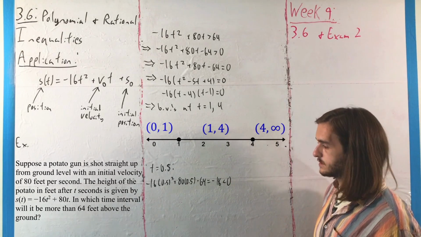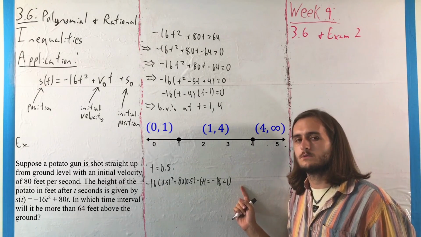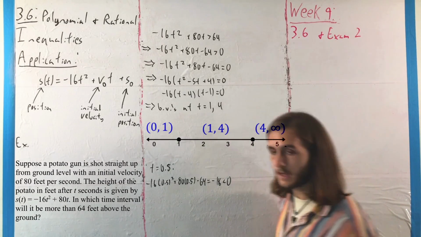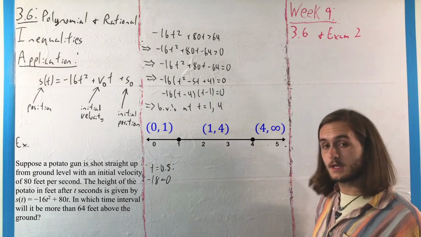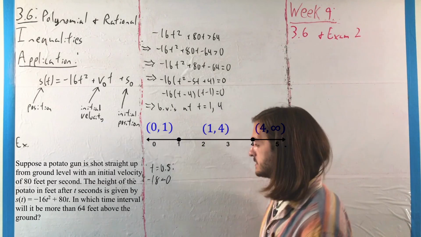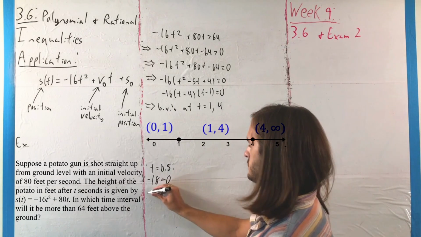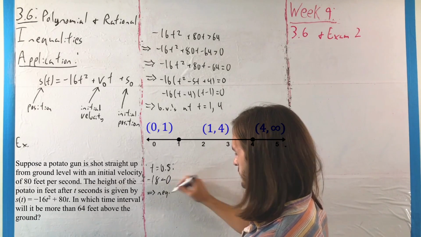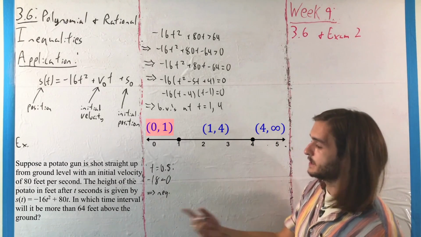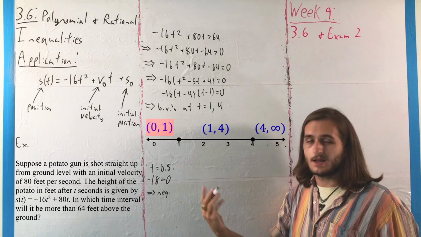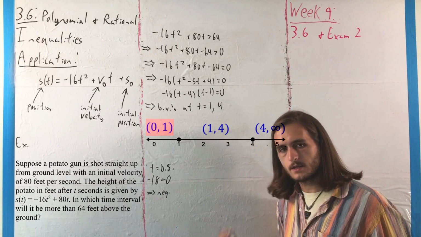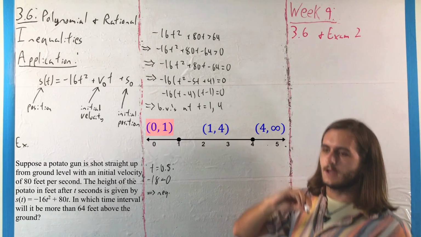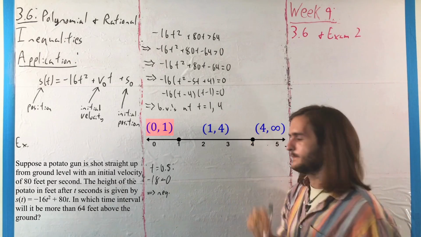Because that's less than 0, give me 1 second, I've got to erase this and clear myself a little bit more space horizontally. Because this is negative and we are looking for positive things, it's not actually what we want. This represents the amount of time where it is coming up to 64 feet.